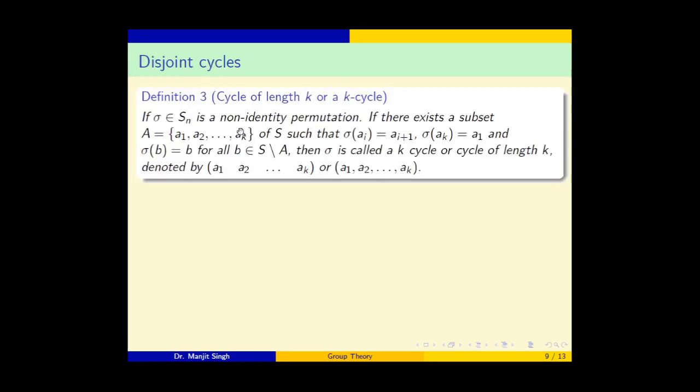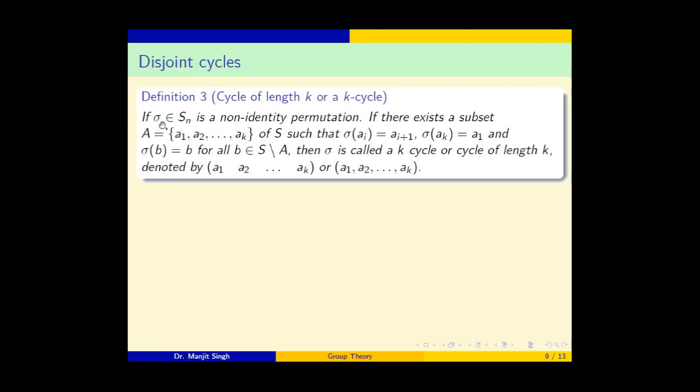Disjoint cycles. Two cycles can be considered, and we can say whether these two cycles are disjoint or not. First of all we define a cycle of length k, and on the basis of this we will describe disjoint cycles.